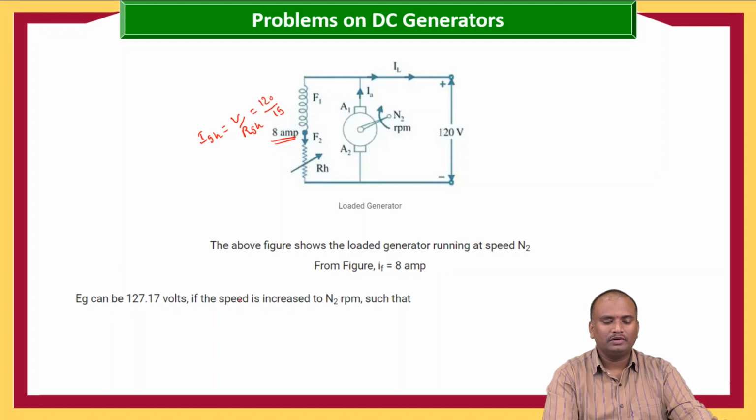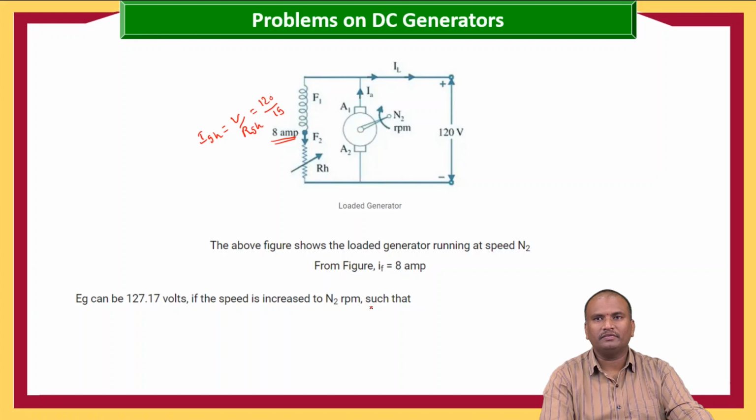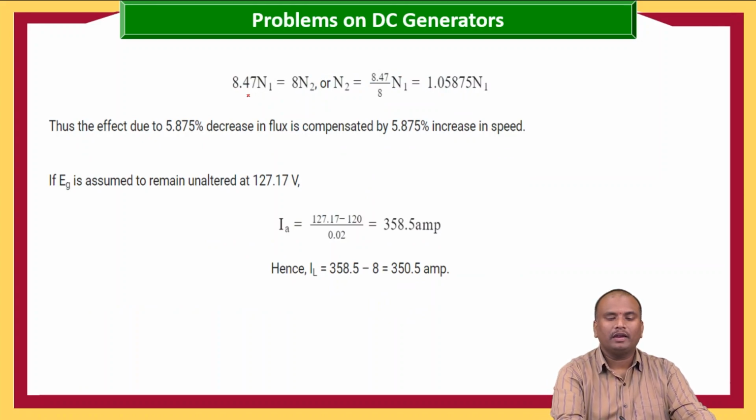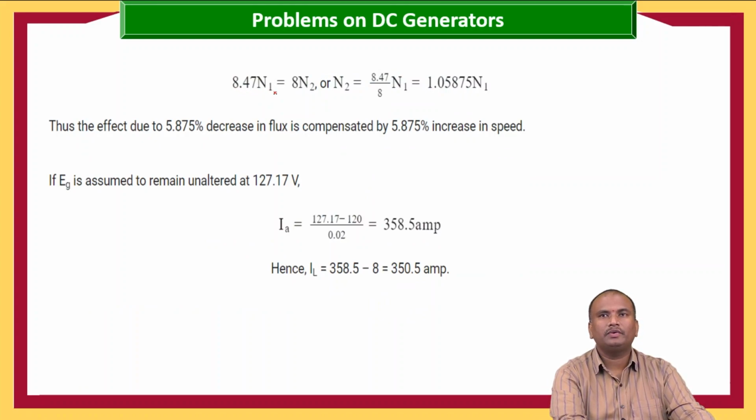Now if the speed is increased to N2 RPM such that 8.47 into N1 is equal to 8 into N2. That is phi 1 N1 is equal to phi 2 N2, because EMF is directly proportional to flux into speed.